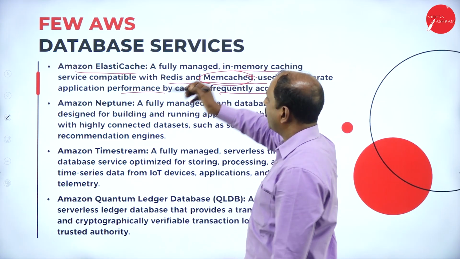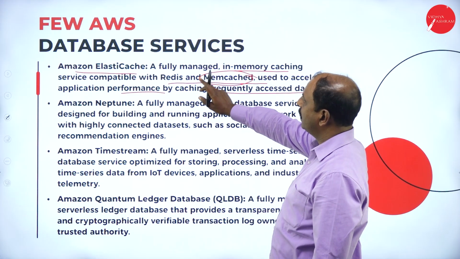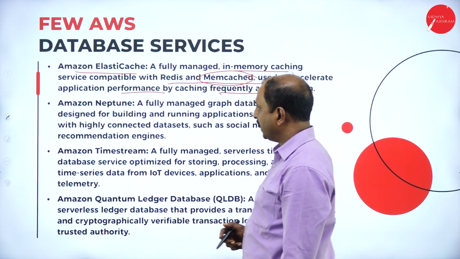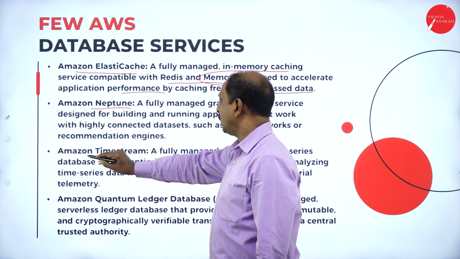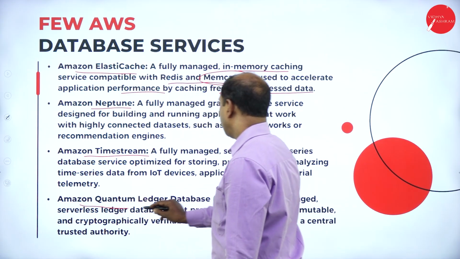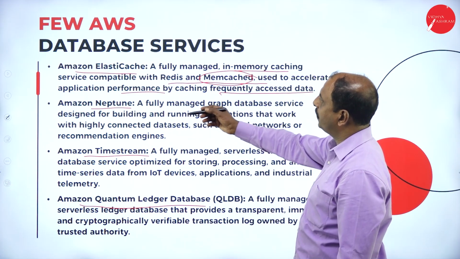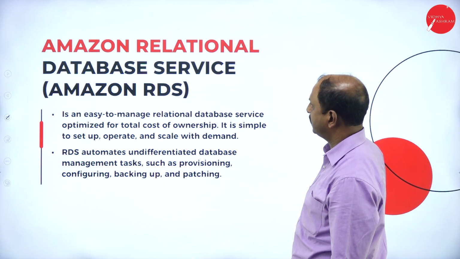It is nothing but cache memory, and the same service is applicable in terms of Amazon ElastiCache. Then Amazon Neptune, Amazon Timestream, and Amazon Quantum Ledger Database are different types of database services from AWS.